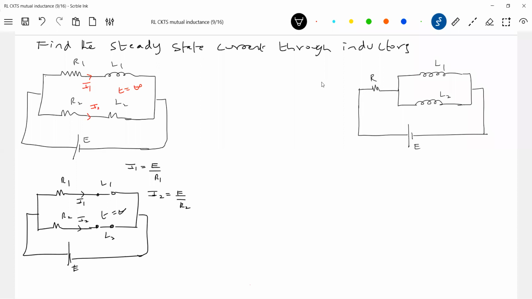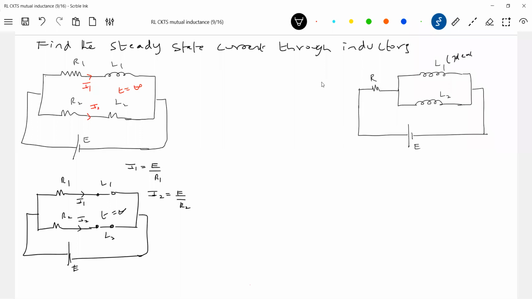Let's come to the next one. What I should do here is replace the inductors with a short circuit. Then with two short circuits, how will the current divide? The current will divide equally in both the short circuits? And they're ideal. These inductors are ideal.